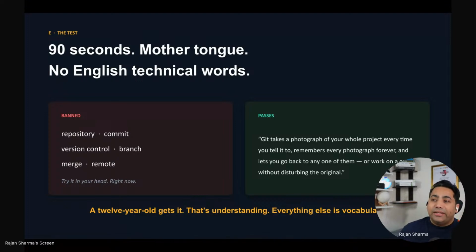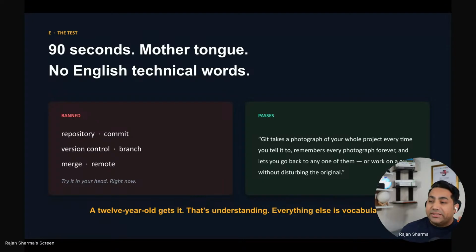So if you try Git, you start remembering what is a repository, what is a commit, what is version control, branch, merge, remote. Those words look easy, but if you have never encountered them or have no experience, there's a high probability you have to recall what they're called.